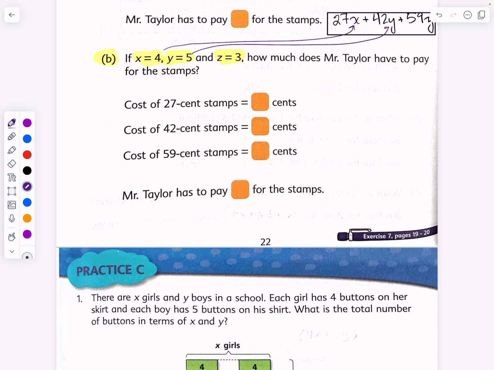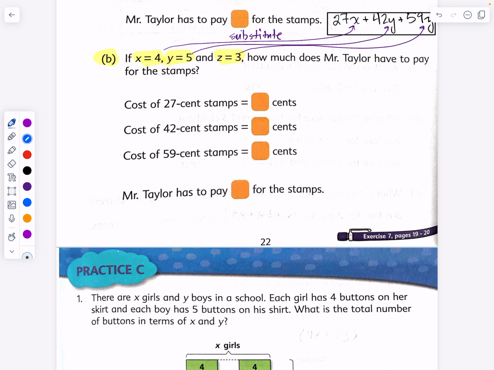In place of y, we would write 5. In place of z, we write 3. It's called substitution. We can test different scenarios. If x equals 4, what if x equals 40? Substitute the values in place of variables. Remember, variables are like buckets, placeholders for different constant numbers. So we can feed x equals 4, x equals 440, and so on.